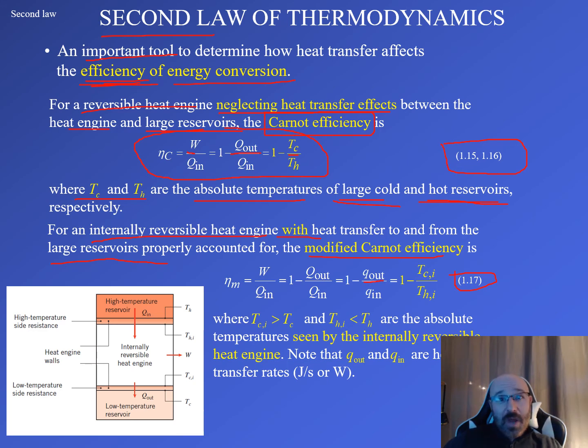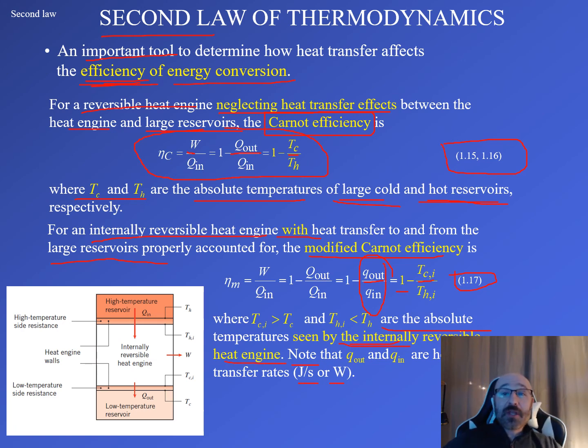Note that these q out and q in are the heat transfer rates in units of joules per second, or watts. This is equal to 1 minus T sub Ci over T sub Hi, which are going to be the absolute temperatures as seen by the internally reversible heat engine.